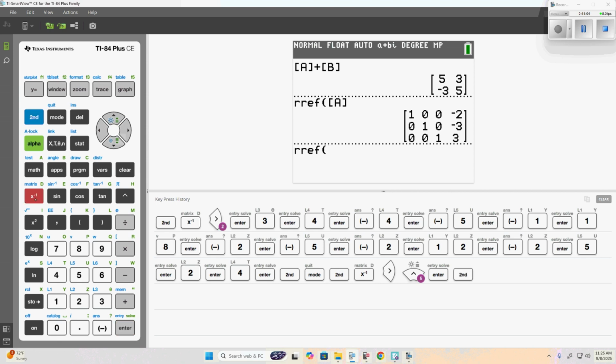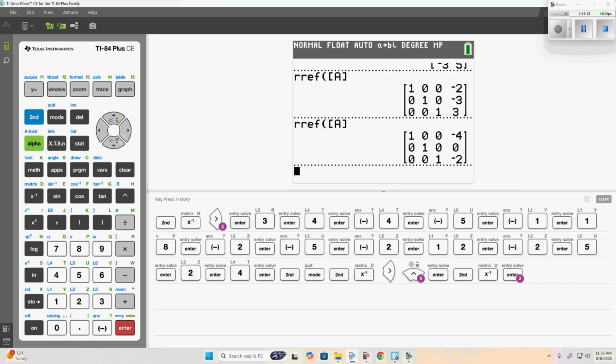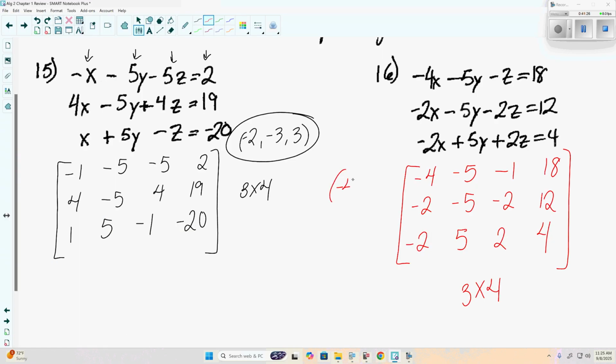So we'll go second matrix. If you put it in matrix A, we just have to hit enter. So you should see RREF, matrix A. Hit enter. Top to bottom on that last column will be x, y, z. So negative 4, 0, negative 2. So the answer is negative 4, 0, negative 2.